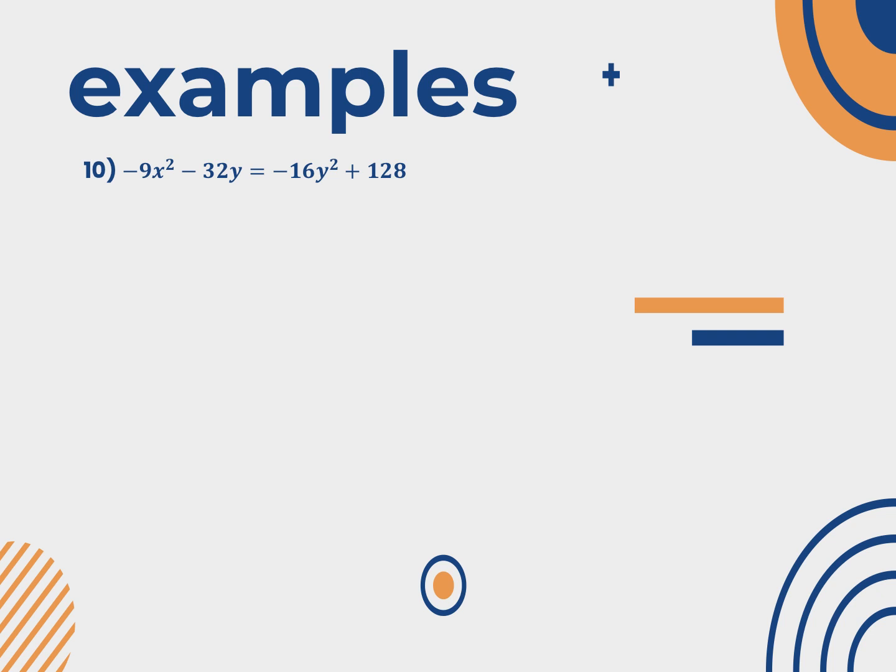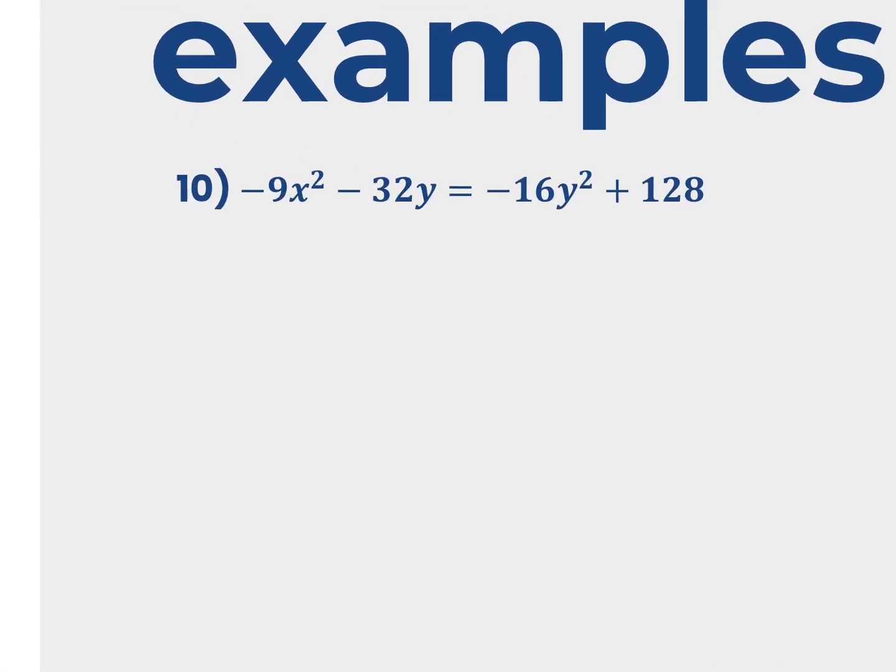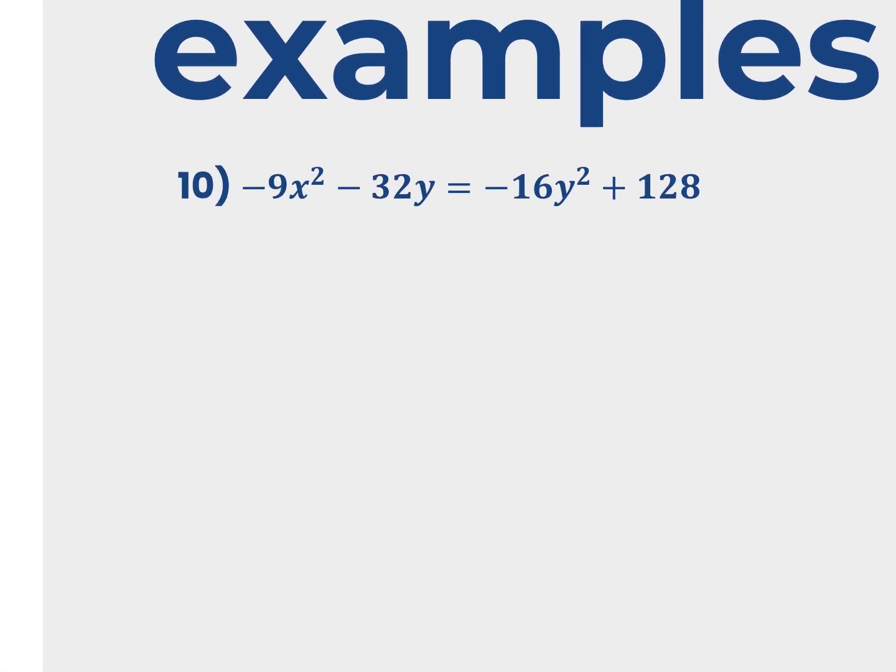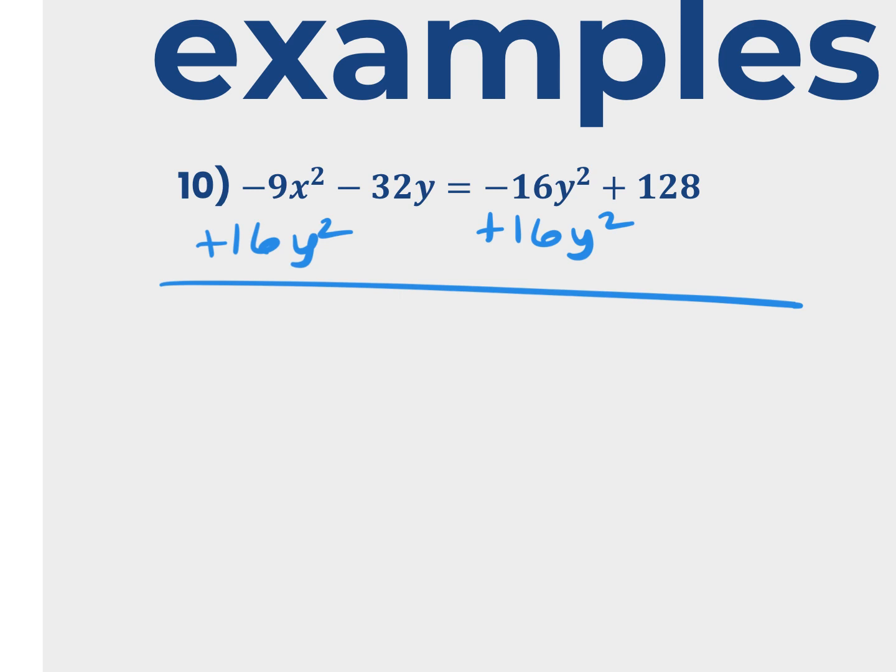So for the last one, again, I need to get my square terms together, and I need to get my constant on the other side. So I'm just going to add the 16, and then my constant will be all by himself. So I need to get my square terms, my y's together, and my x's together.